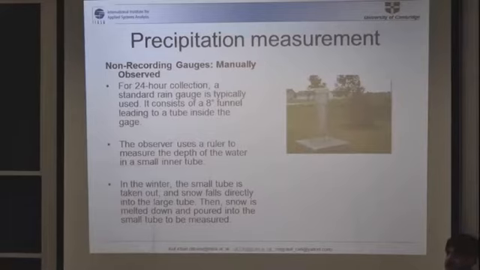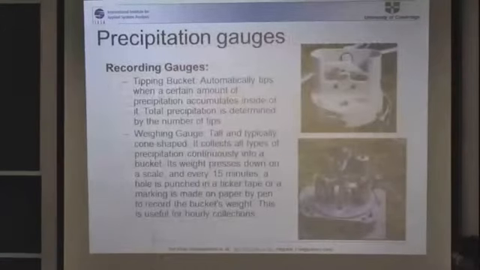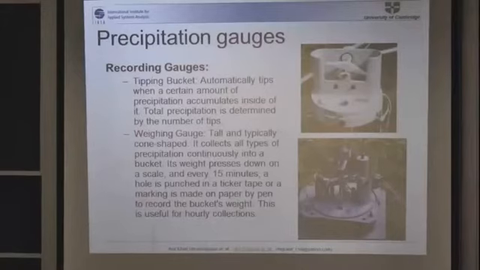PMD is also using automated stations, as well as WAPDA, which is using a lot of weather stations and automatic reading stations to measure precipitation and snowfall in different locations. These are some pictures of different standard gauges. There are more than 500 types of gauges according to the World Meteorological Organization.